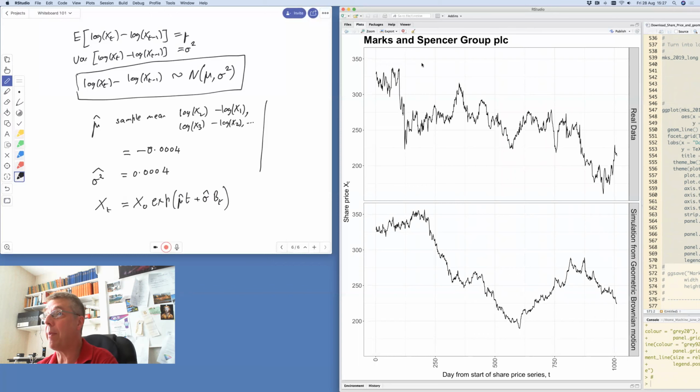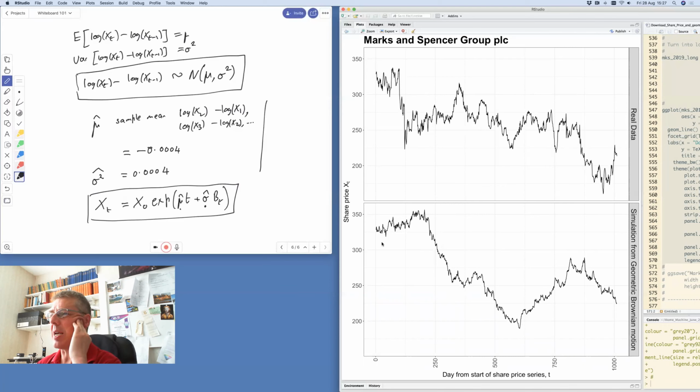And at the top there, we have the original data. So that's the original share price data that we've seen several times. What I have at the bottom there is a simulation from geometric Brownian motion. From this model here, that is the geometric Brownian motion model with the parameters mu and sigma estimated from the data from Marks and Spencer.